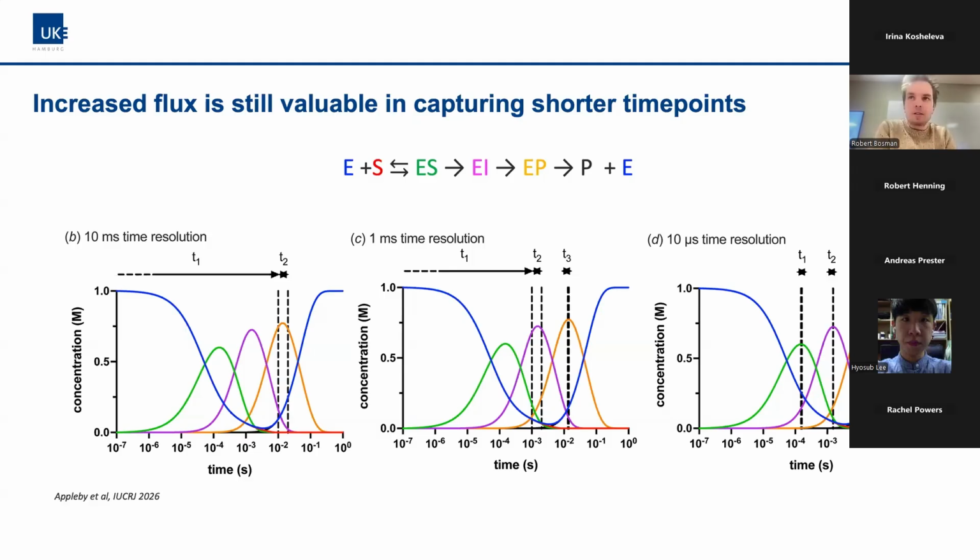So if you can utilize a fourth generation synchrotron and do a microsecond time, you're able to achieve a much more coherent exposure relative to the total lifetime of your intermediate across a given time series. So it's still very useful for us to be able to go down into microsecond exposures.